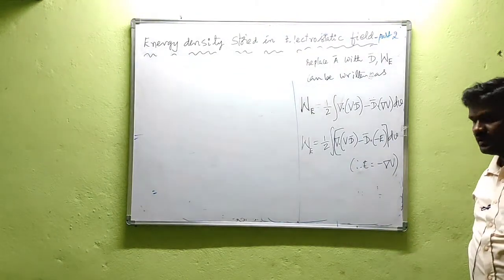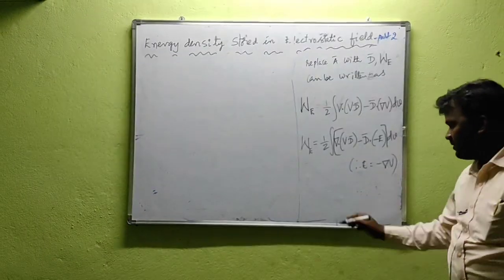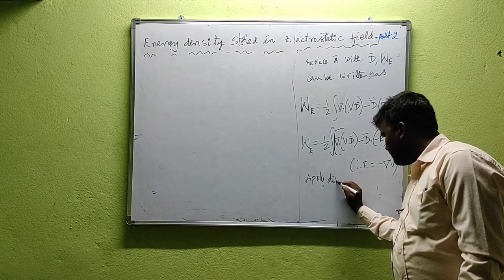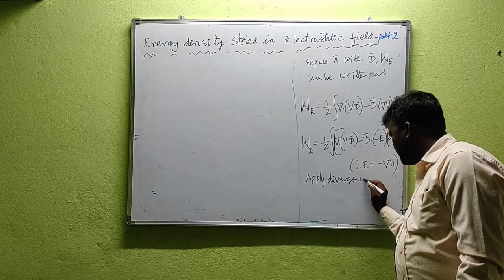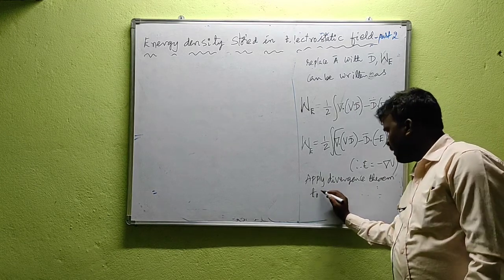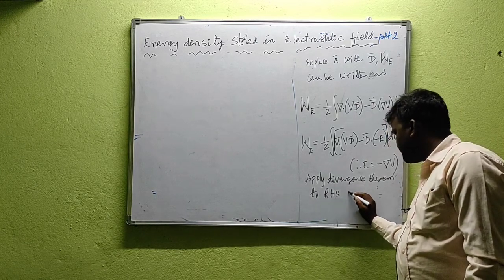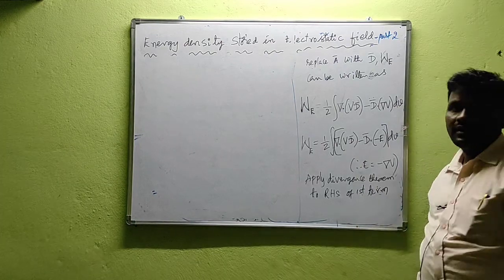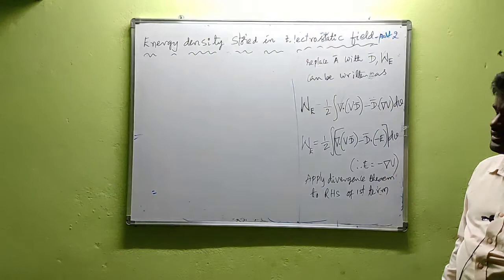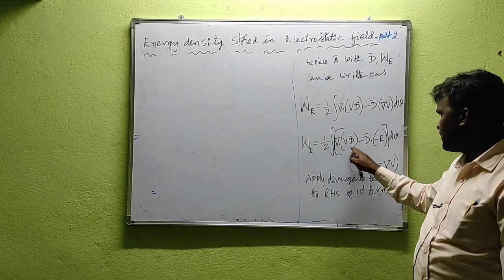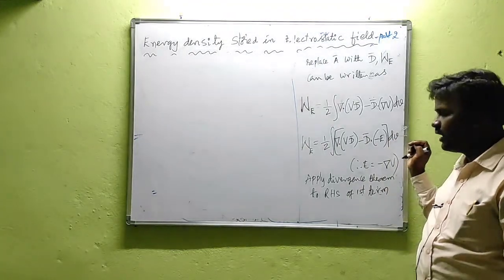First term, apply the divergence theorem to the RHS of the first term. What is the divergence theorem? Basically the divergence theorem is used to convert a surface integral into a volume integral. Here I have a volume integral, so divergence of this vector into volume integral.